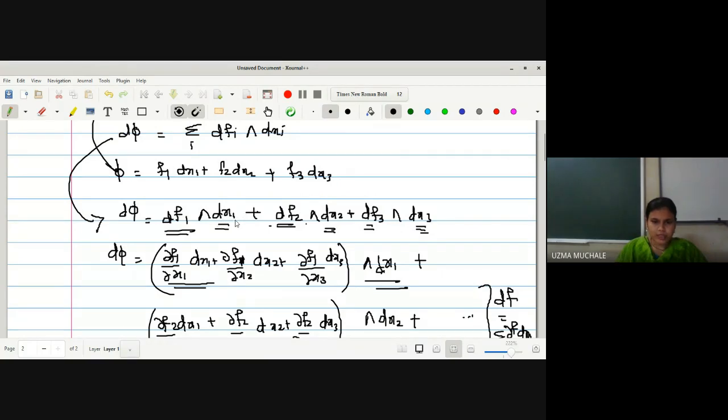First wedge product with x1, then x2, then x3 for the first term. Next we have to do the second term, again wedge product with x1, x2 and x3. For the third term, again wedge product with x1, wedge product with x2 and wedge product with x3.